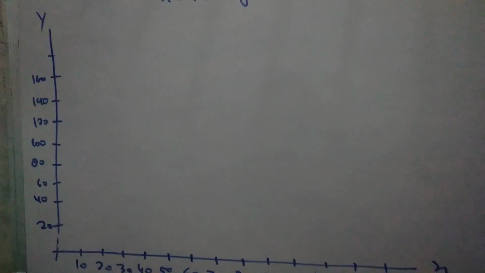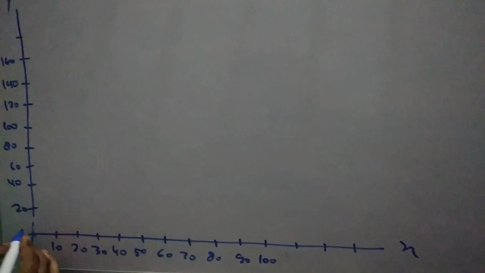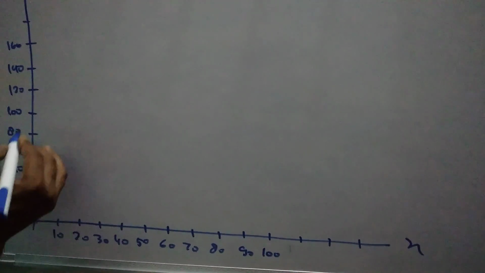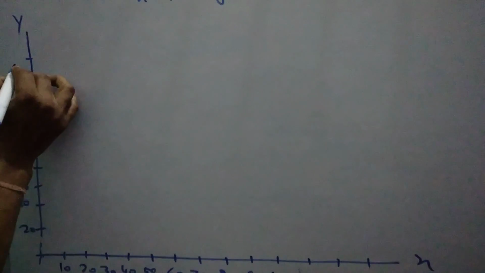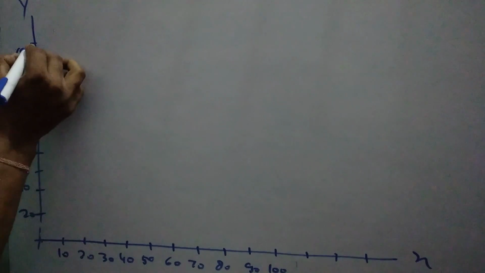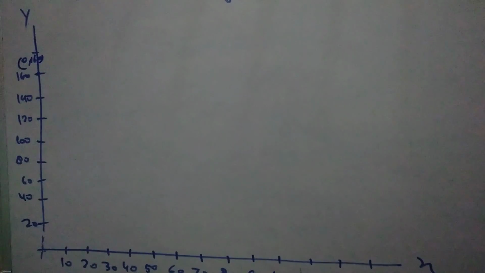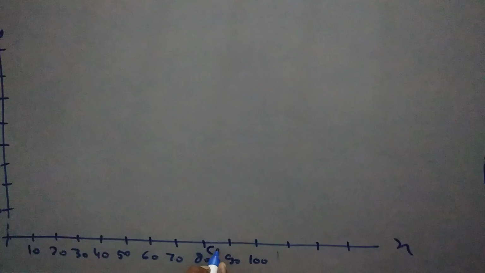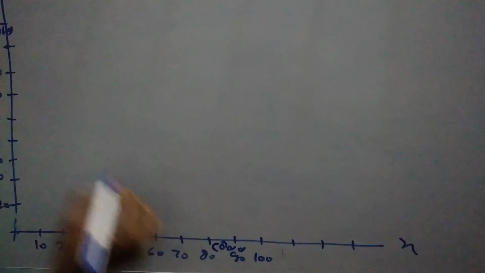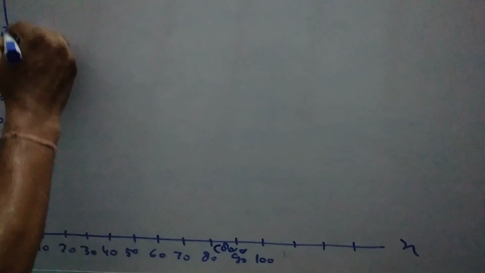Now we take the first, x equal to 0, then we get y equal to 160. This point is (0, 160) and at 80 we get 0. Now join these points.